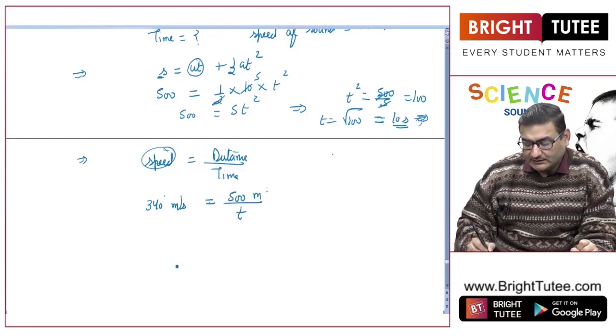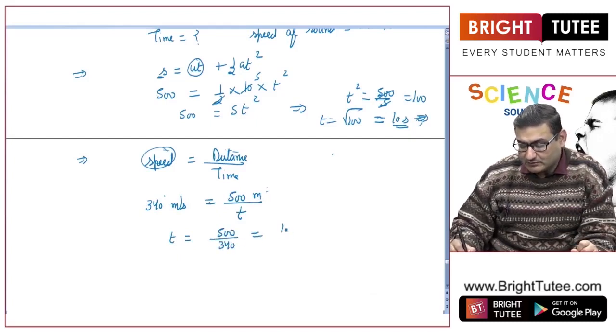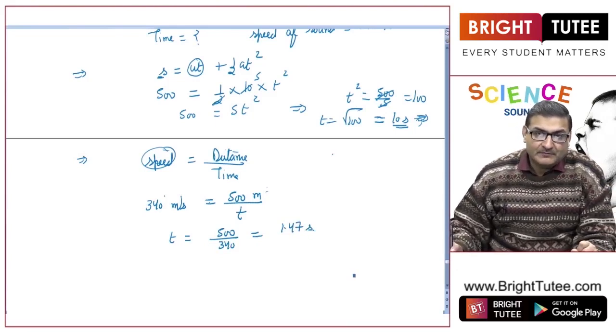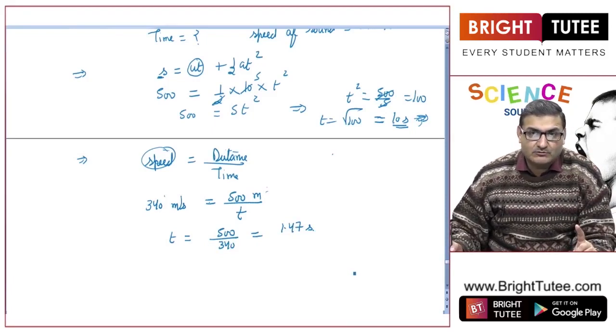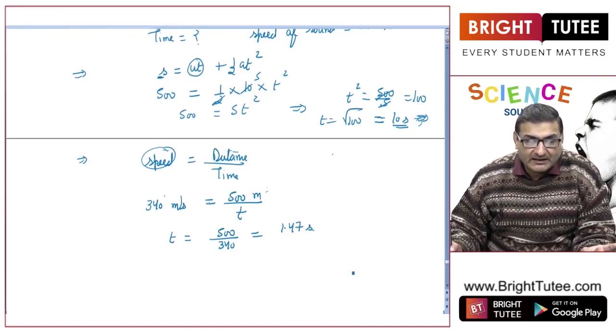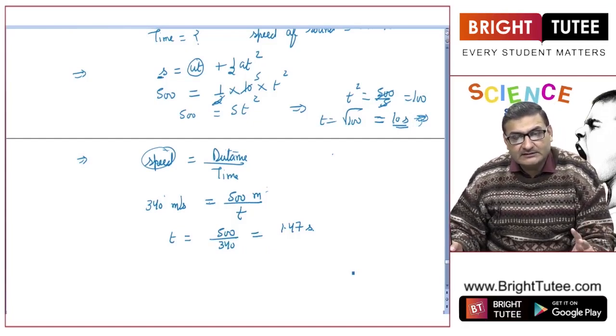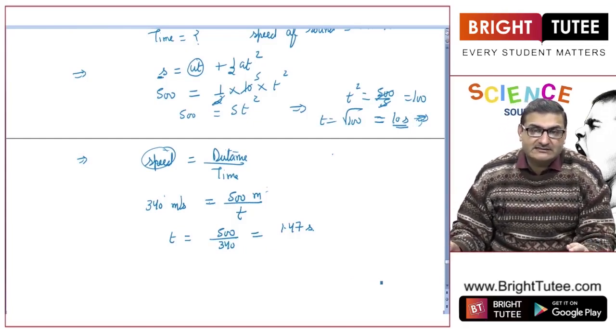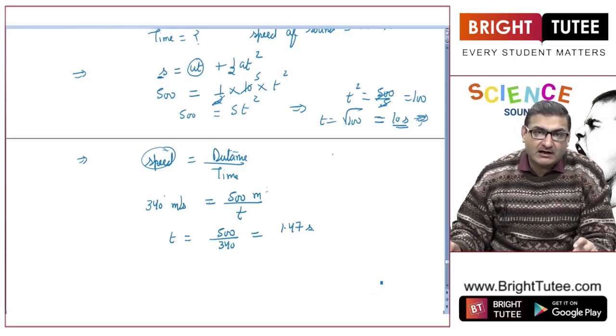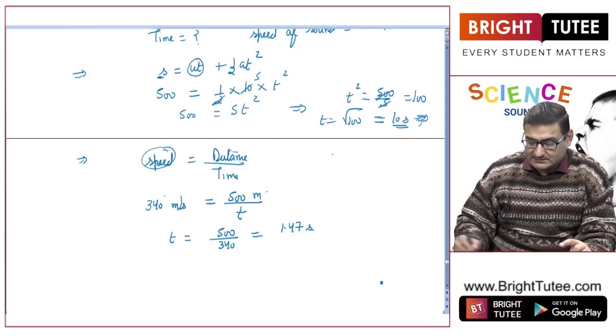I will calculate the time. So time can be written as 500 upon 340, which comes out to be 1.47 second. So 10 seconds was taken by the stone to be dropped and reach the pond, and once the stone is dropped, it took 1.47 second for the sound to travel the same distance.